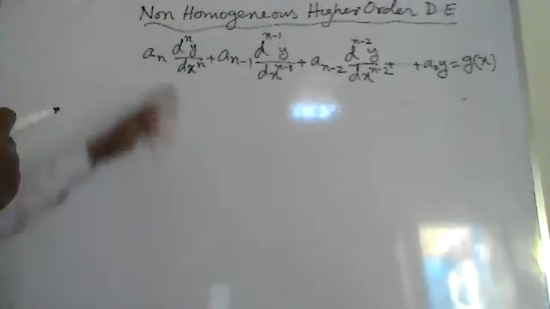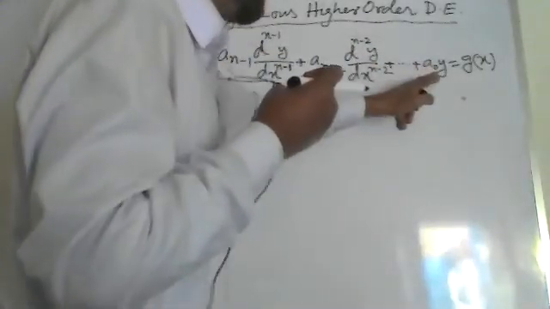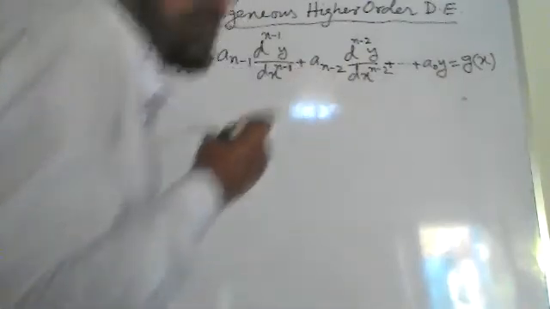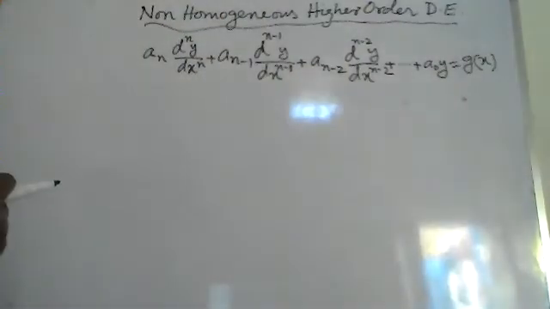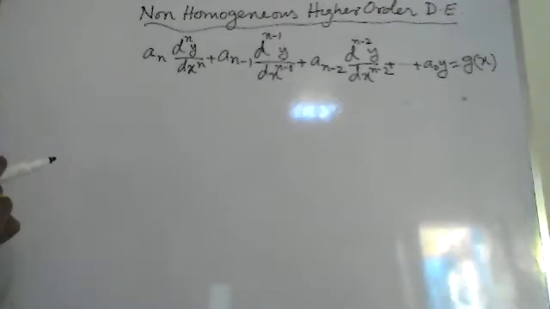But if on the left side all are the terms involving y and on the right side is a function of x, it may be some constant, it may be some function of x, but it should be non-zero. There should be no zero on the right side. So such type of equations are called non-homogeneous.